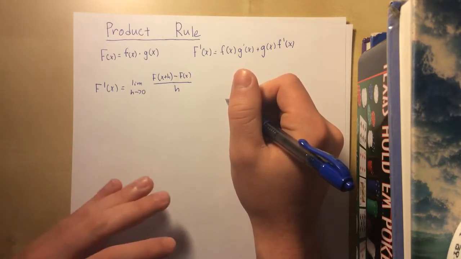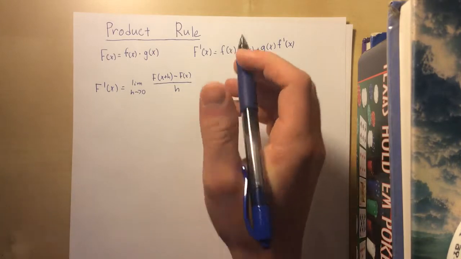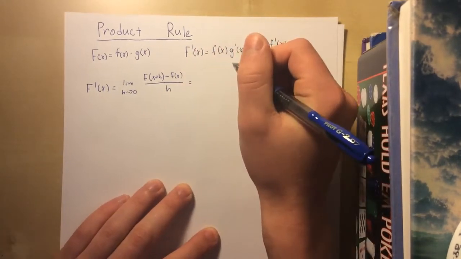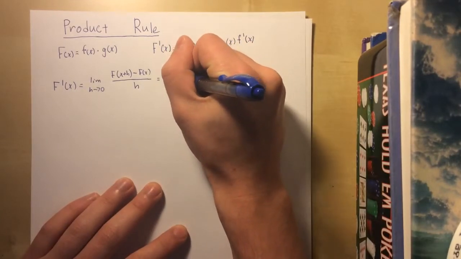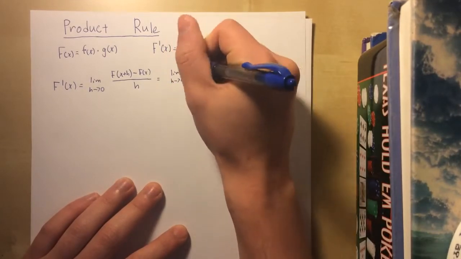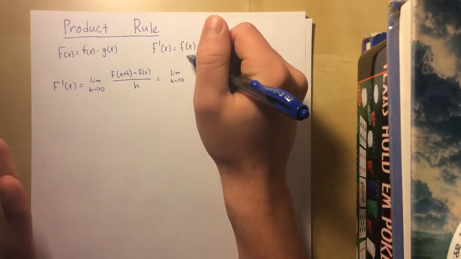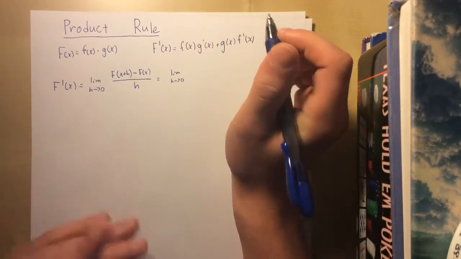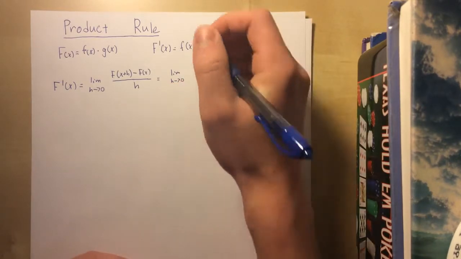And now let's plug in f of x plus h and f of x. So this is going to be equal to the limit as h approaches 0 of, now I'm going to be using little f of x. So whenever I say f of x, I'm going to be talking about this little f of x.